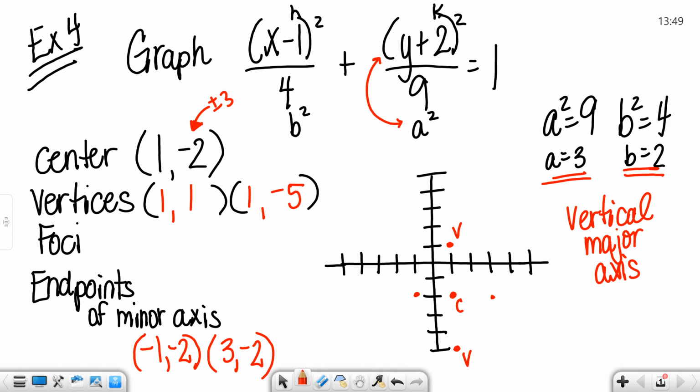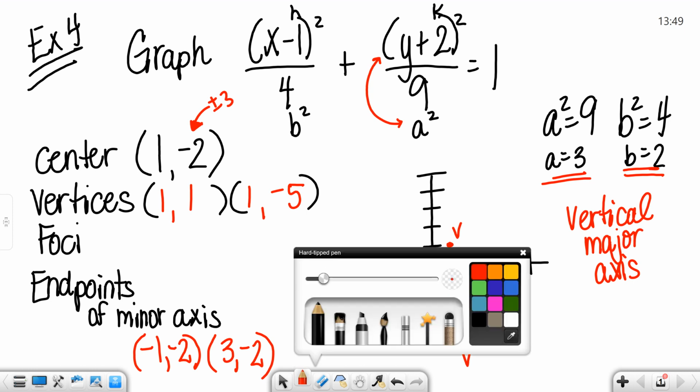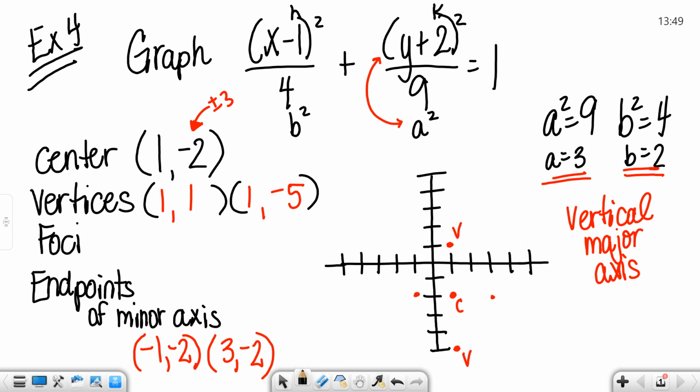All right, and the last thing we got to do is find our foci. Well, I can't find foci until I know the C value. My C value, C squared, is equal to A squared minus B squared. So C is the square root of 5. The square root of 5 is about 2.2.